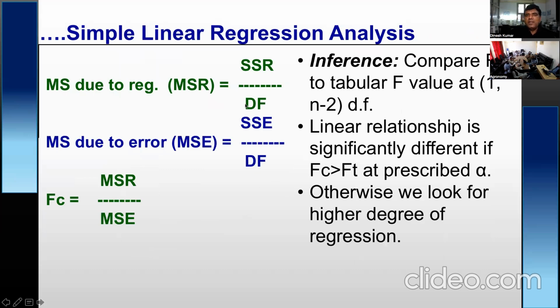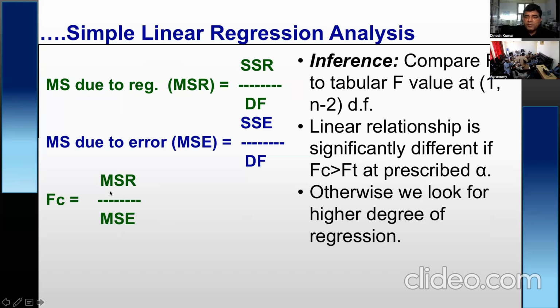So now you can see here, to calculate the respective mean square due to regression, sum of square due to regression divided by degree of freedom, as I showed you in the last slide. And sum of square due to error or residual divided by degree of freedom. Here F calculated is mean square due to regression divided by mean square due to error.